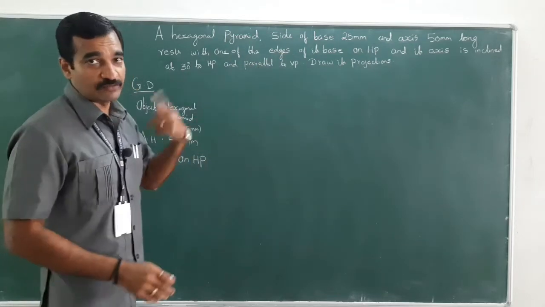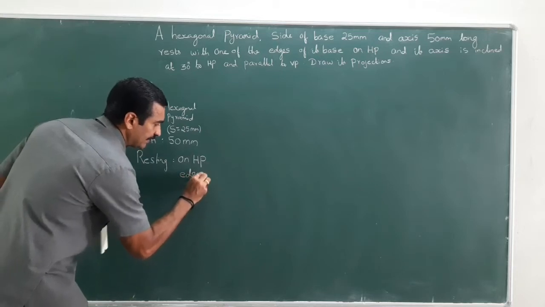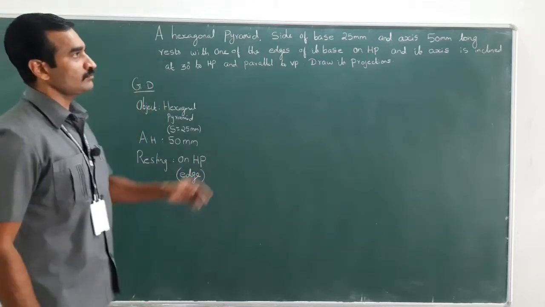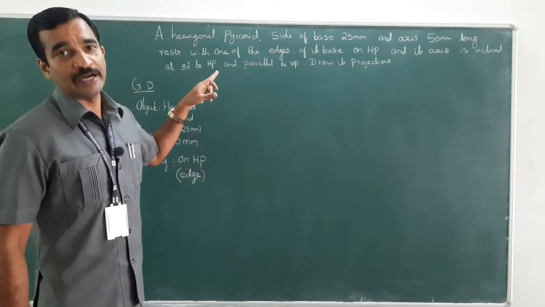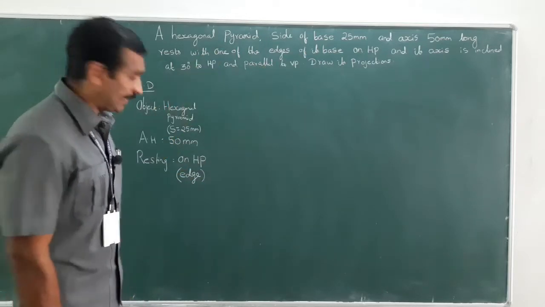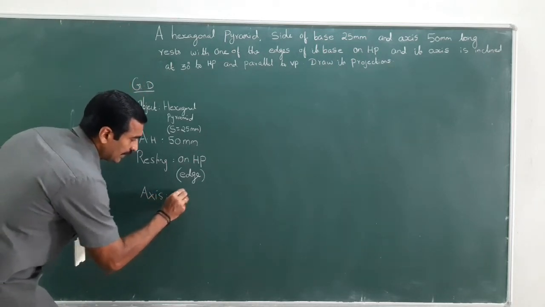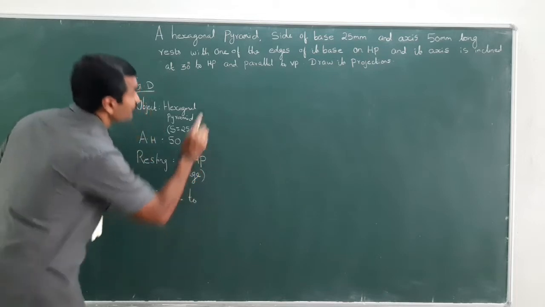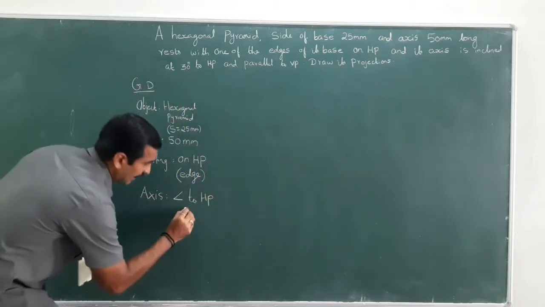Clearly specified, it's one of the edges. And its axis is inclined at 30 degree to HP. Where is the axis inclined? Axis inclination: axis is inclined to HP at 30 degree.